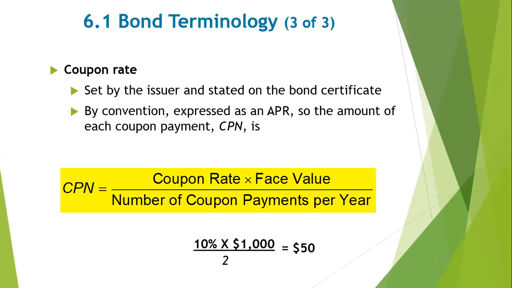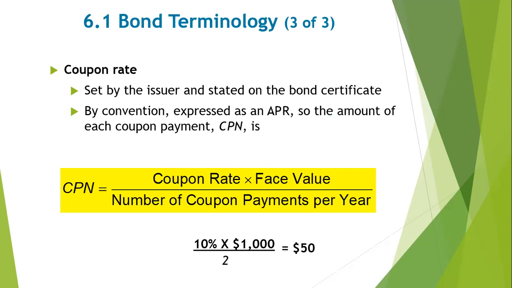The coupon rate of the bond establishes the amount of each coupon payment. Issuers set and declare this coupon rate on the bond certificate.